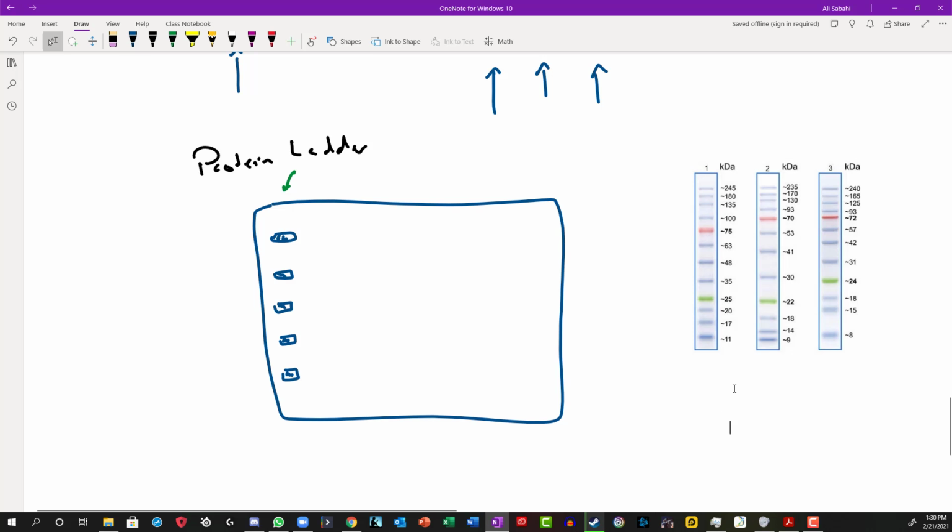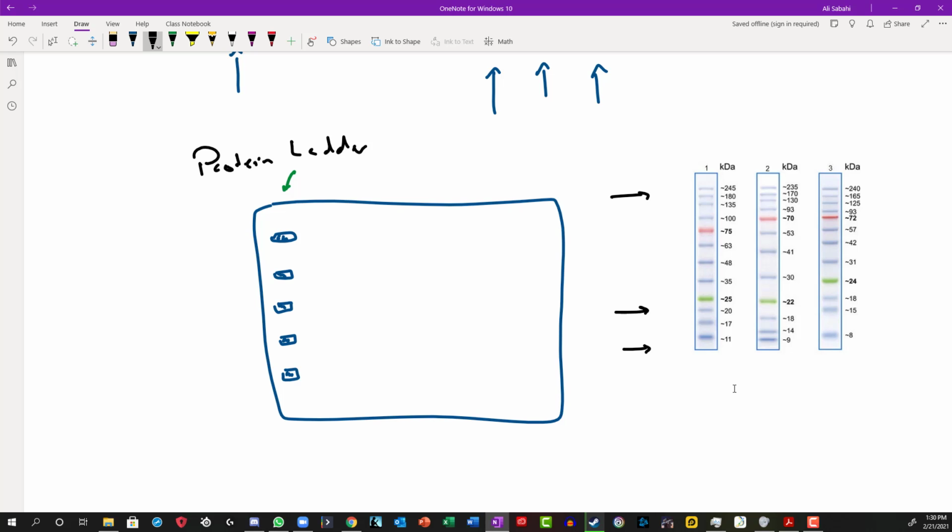Here are some protein ladders sold by a company. You can see each different ladder will have different weight markers, and these are in kilodaltons. And you can see that, okay, 245, for example, there, and then down here, 25, and then 11 kilodaltons in weight.